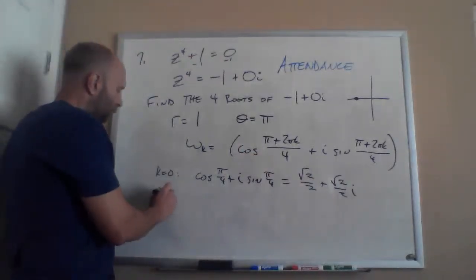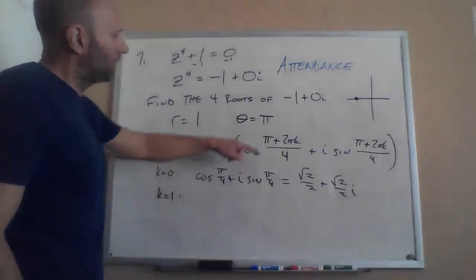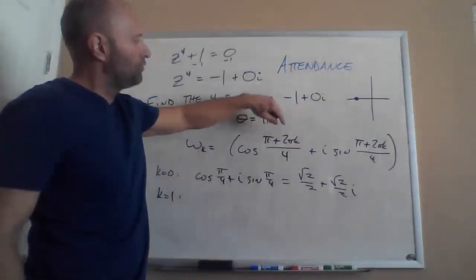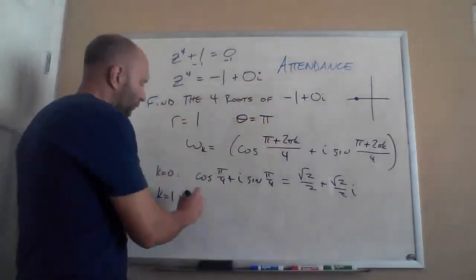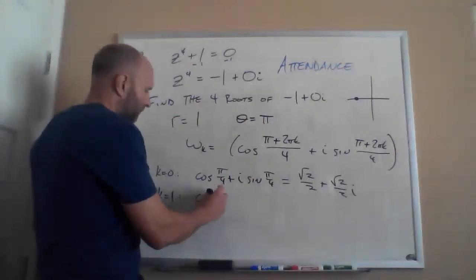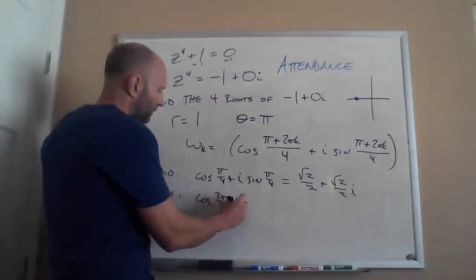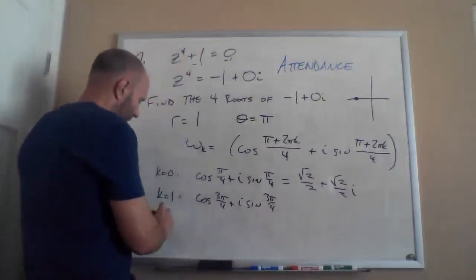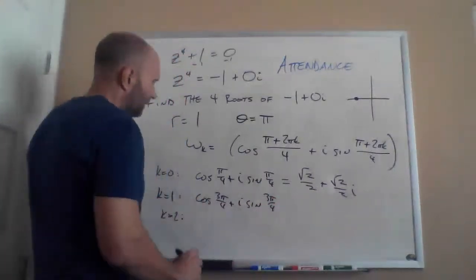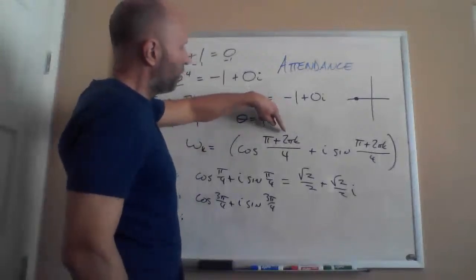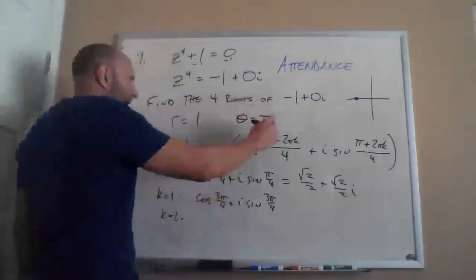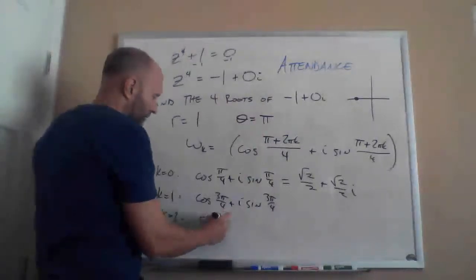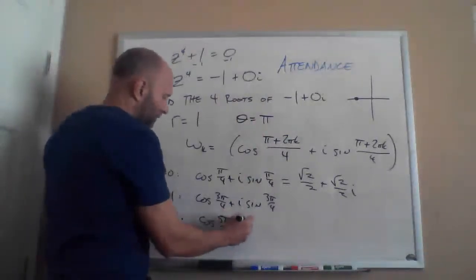How about when k is 1? So when k is 1, this becomes 2 pi. So pi plus 2 pi is 3 pi, so 3 pi over 4. How about when k is 2? 2 times 2 is 4, so 4 pi plus 1 pi is 5 pi over 4.